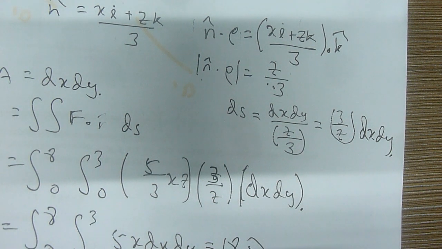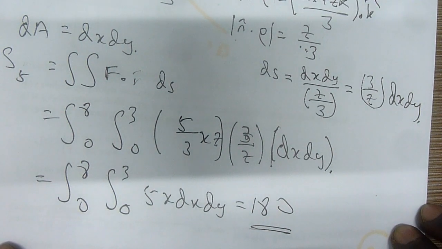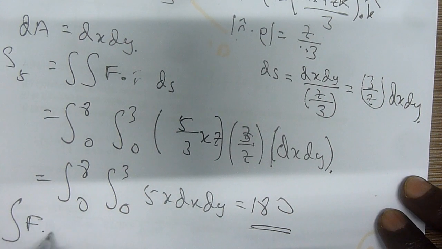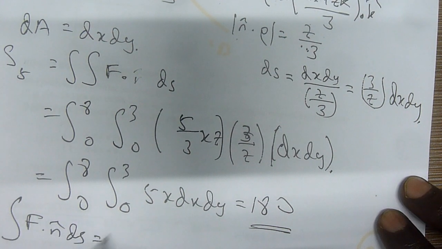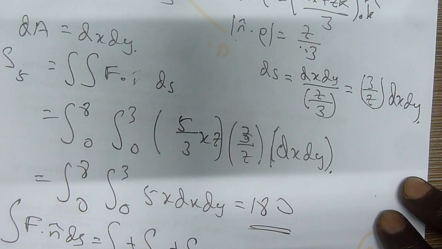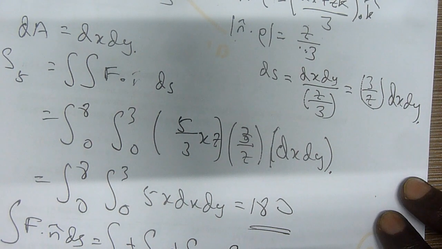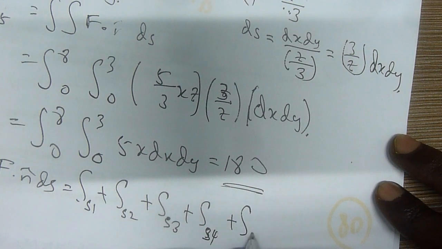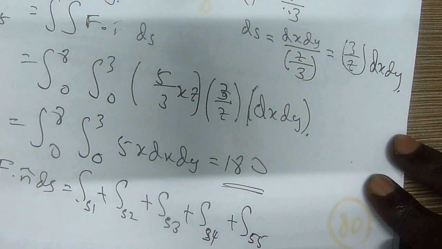Okay, done. Before the battery finishes, try to combine all together and see what you get. Remember we go back again to the final state where F dot n dS is equal to S1 plus S2 plus S3 plus S4 plus S5. Can you combine together?